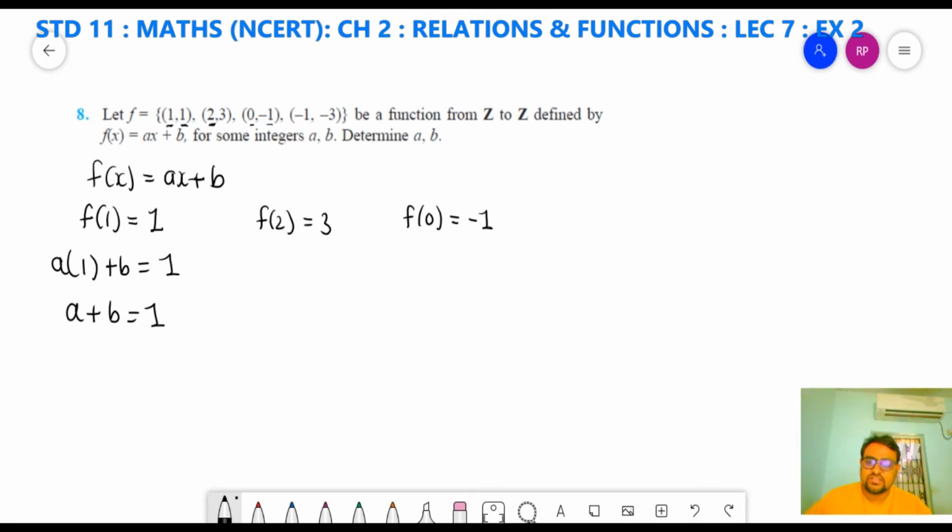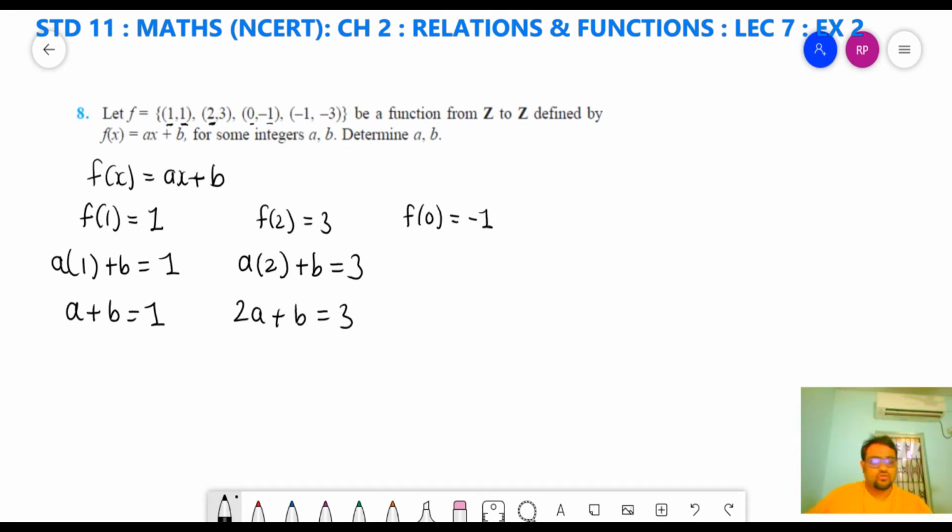Here it is given f(2) equal to 3. Again, instead of x I will write 2: 2a plus b equals 3. So from this, using elimination, we can find it out.